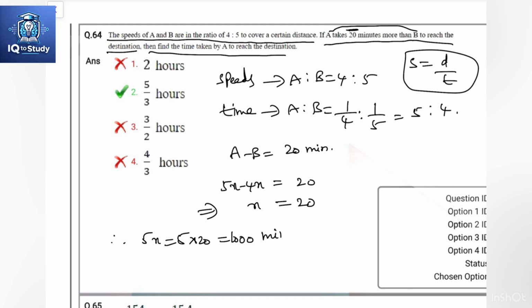And it can be converted into 100 by 60 hours, which is equal to 5 by 3 hours. So option 2 is correct.